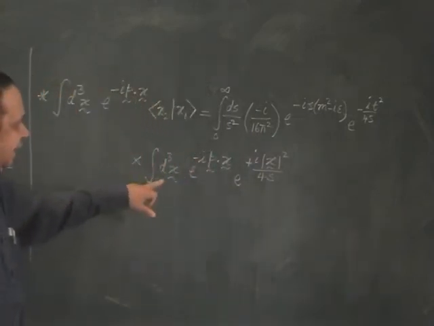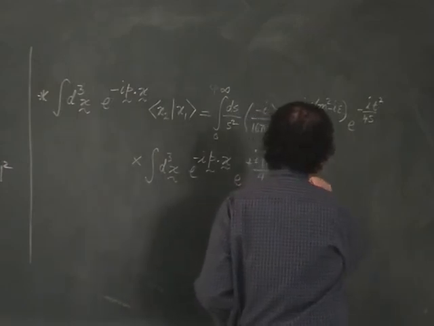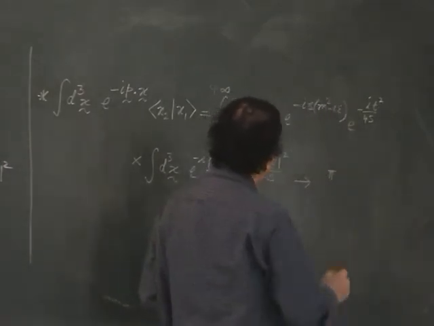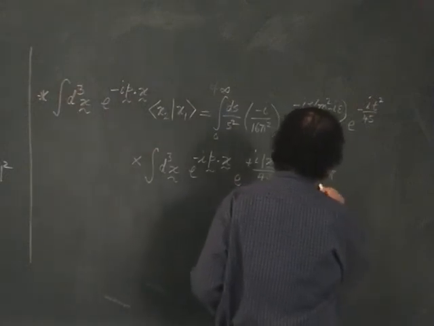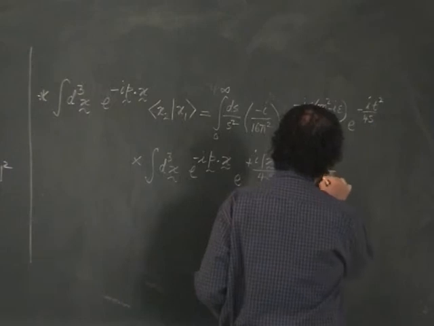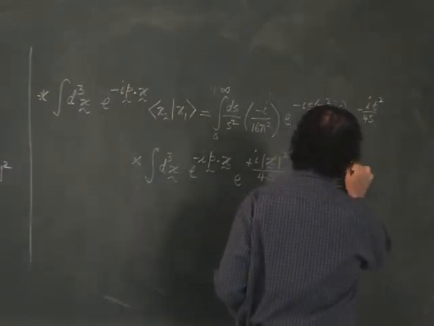Okay, so this is again the same kind of a Gaussian. This integral is going to give us pi over, this is a factor now, which is going to be i 4 pi s to the power 3 by 2.